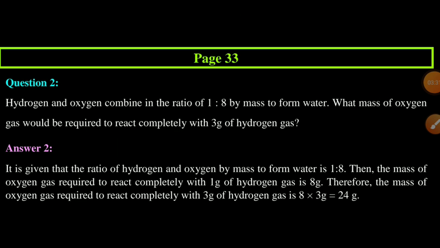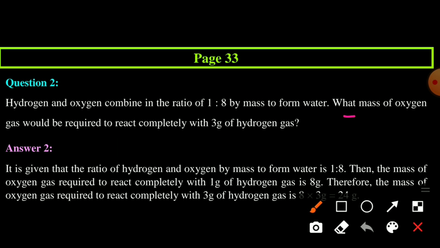Now, next question is on page number 33. Question number 2. Hydrogen and oxygen combine in the ratio of 1:8 by mass to form water. What mass of oxygen gas would be required to react completely with 3 gram of hydrogen gas?